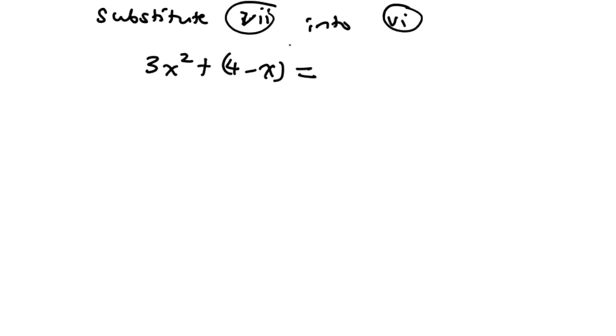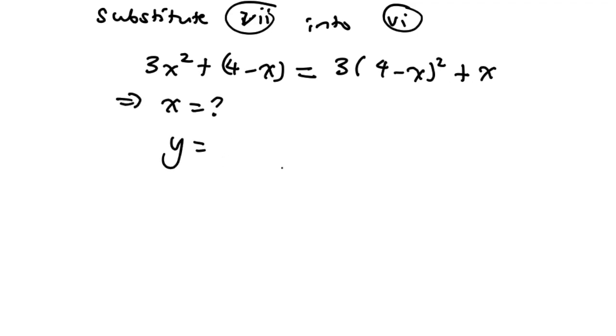Equal to 3y squared, y squared now 4 minus x squared plus x. And then from here you can solve for x equivalent to what? And then you substitute y back into the equation, you can get y equivalent to what?